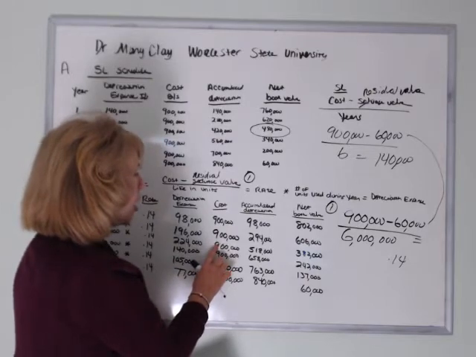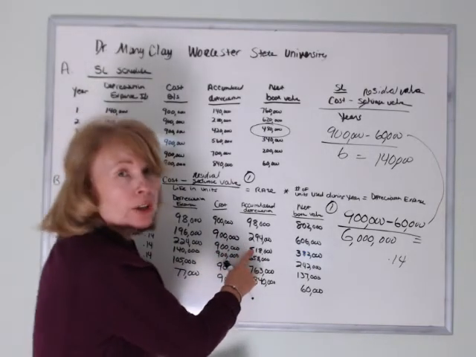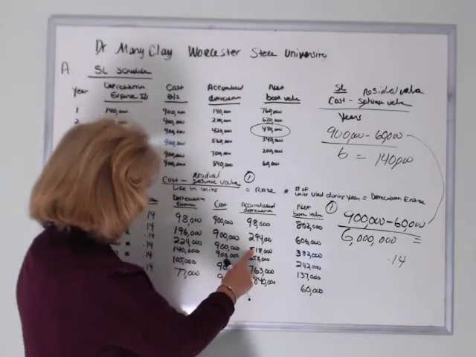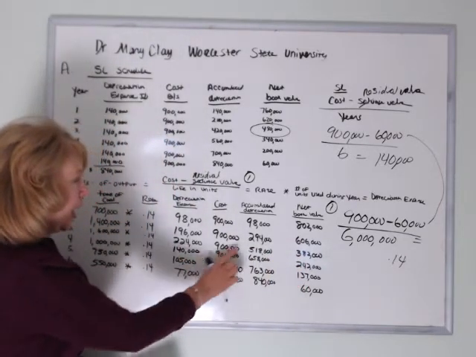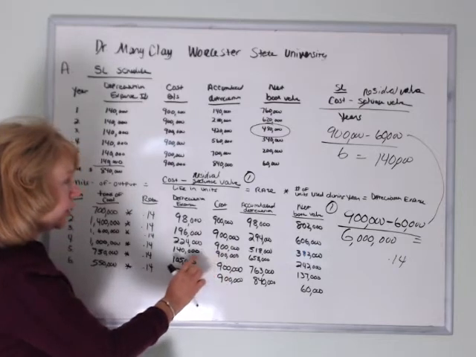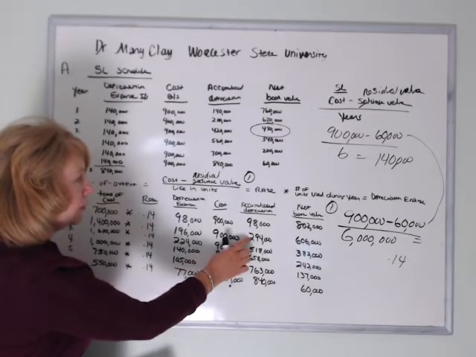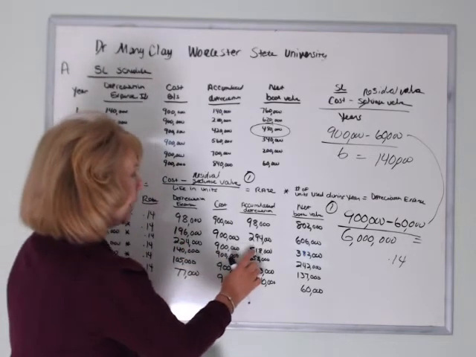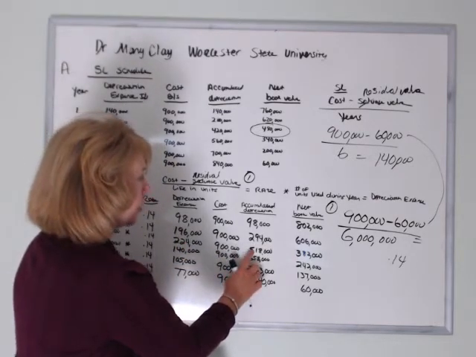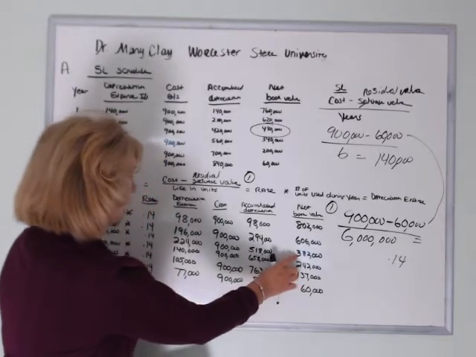You're going to take the cost. You will subtract out the accumulated depreciation, and that gives you the net book value. Remember, how do you get accumulated depreciation? It's going to be the year before plus this depreciation expense, and that gives you accumulated depreciation. There's your net book value.